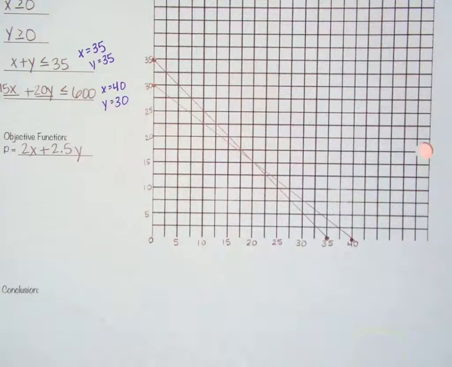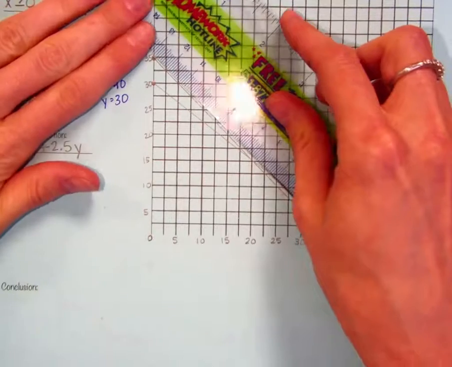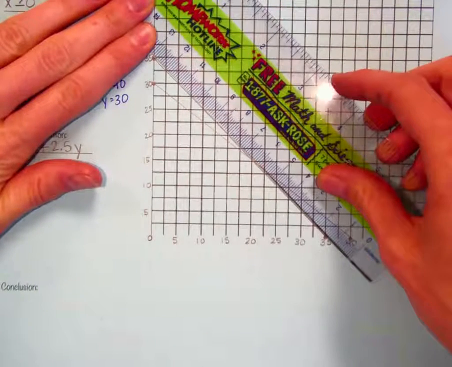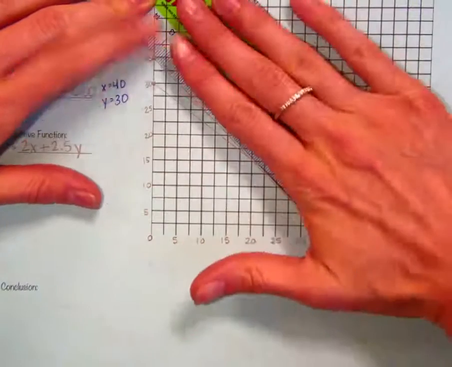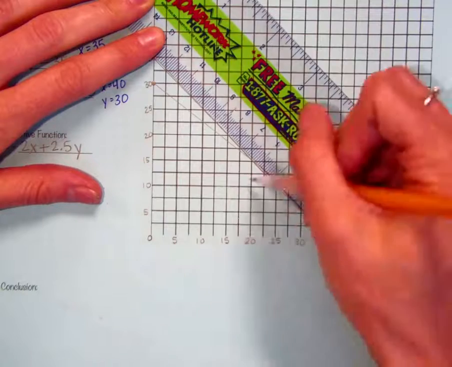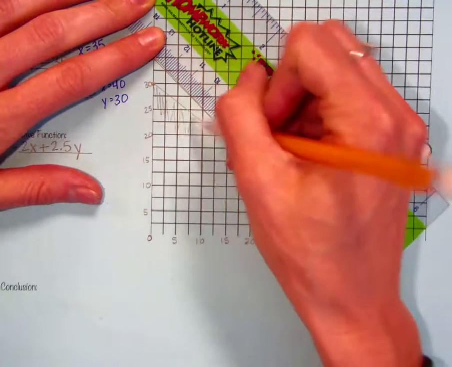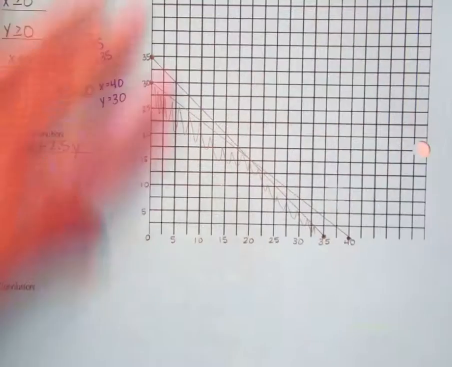We have to figure out where we're going to be shading now, and then figure out my corner points. Both of these inequalities are less than, so I'm going to be less than this line, shading down here. I'm also going to be less than this line.